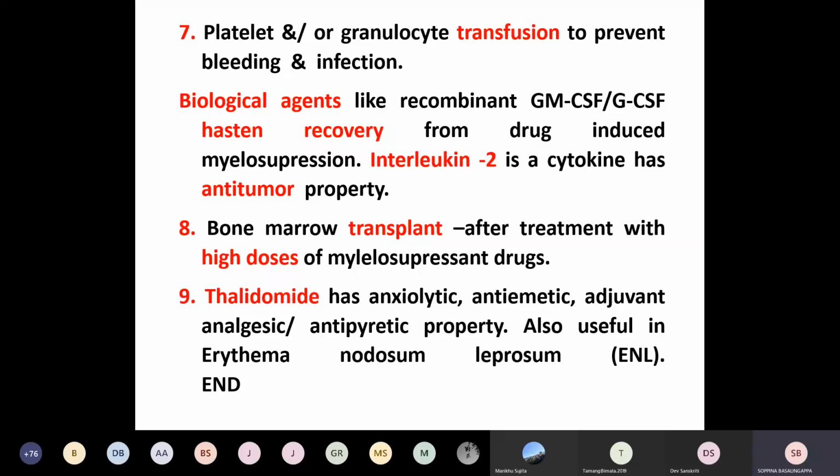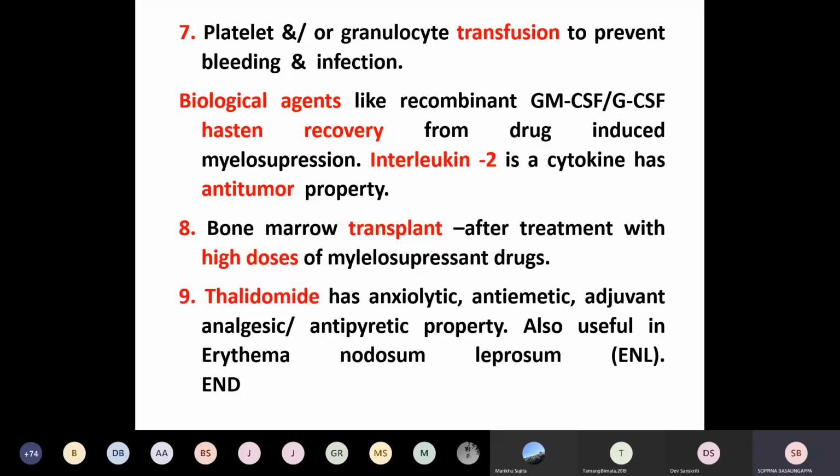It is used as an adjuvant drug, particularly in erythema nodosum leprosum, and to prevent erythema formation with the use of anti-cancer drugs.